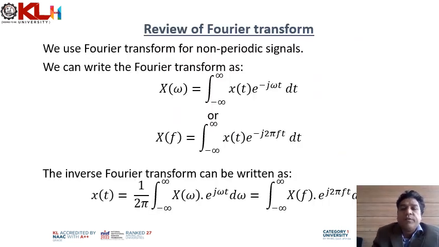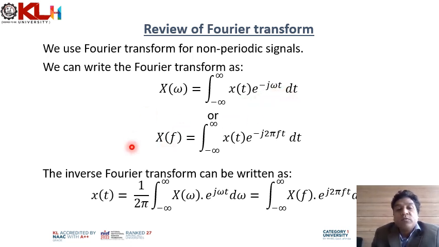We are going to review the Fourier transform formula. The Fourier transform can be represented either as capital X of omega or capital X of f, and the formula for the Fourier transform capital X of omega is integral minus infinity to infinity x of t e power minus j omega t dt.